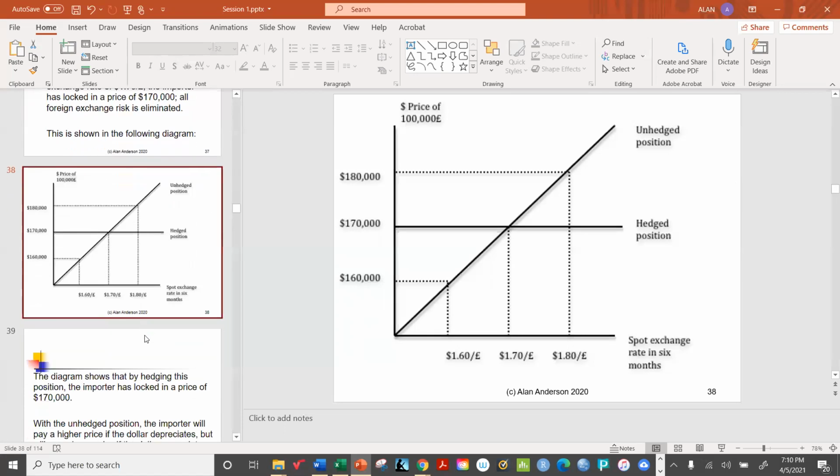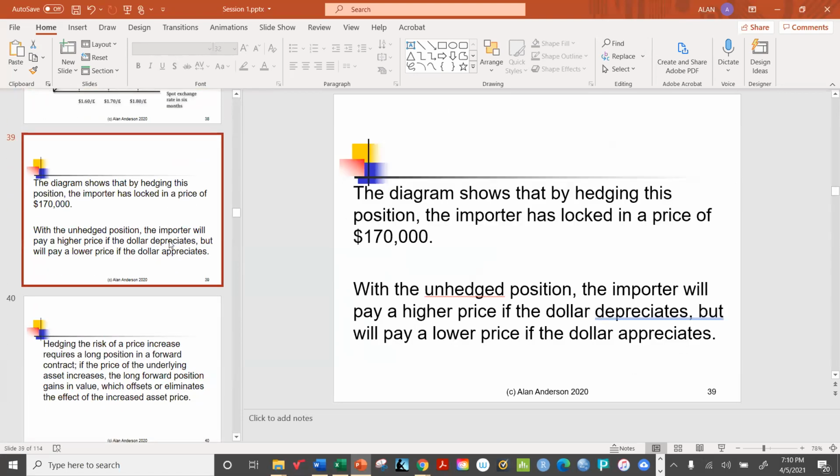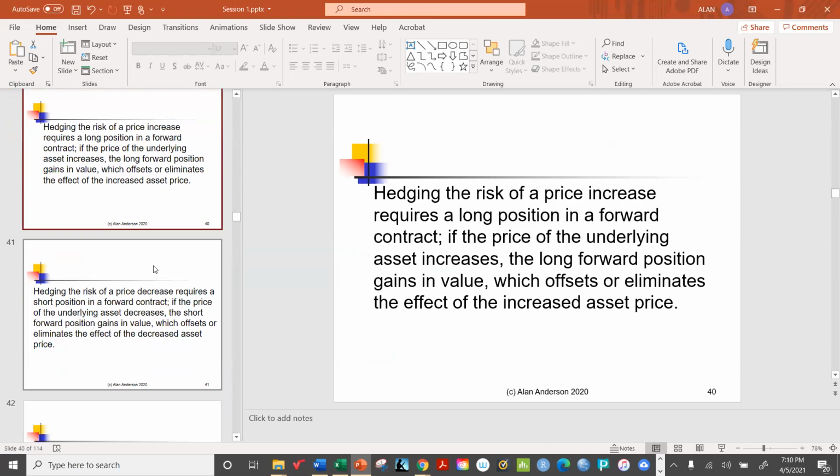All right. Now, what happens if you're the seller, if you're an exporter who needs to sell British pounds in 6 months, then you would do everything in reverse. Okay, so here we're trying to wrap this up by noting that hedging the risk of a price increase means you will take a long forward position in that contract.